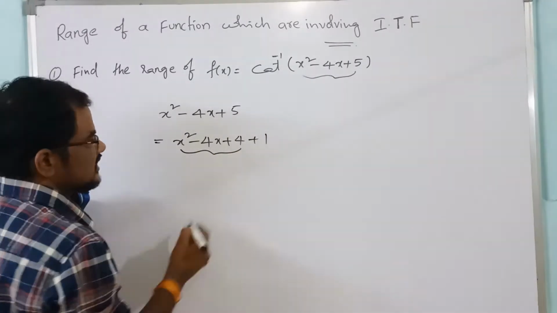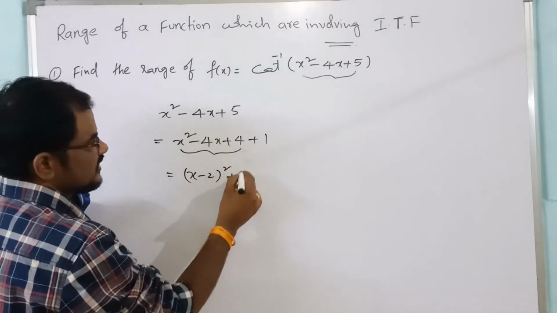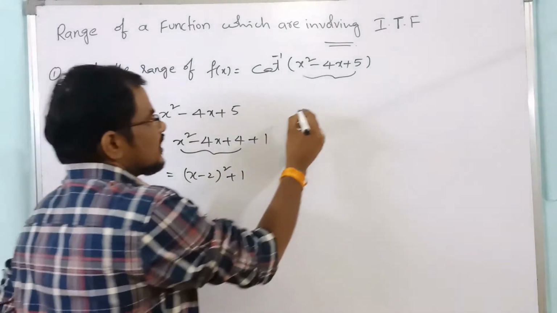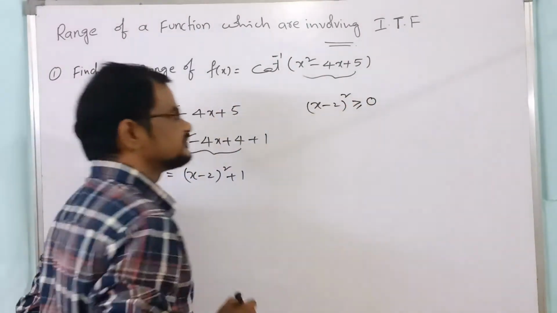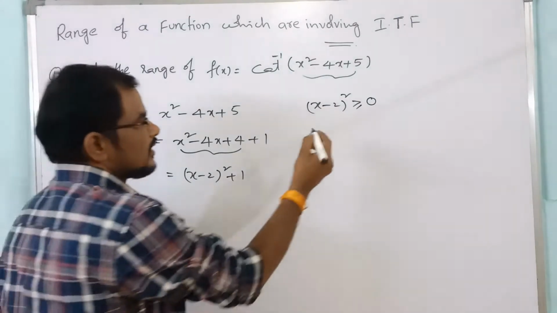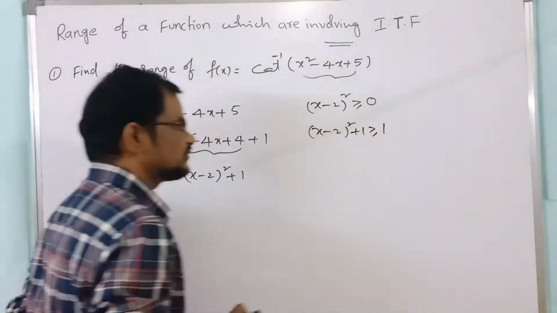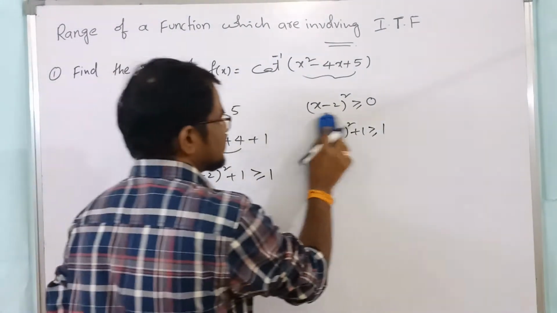Now these three terms can be written as x minus 2 whole square plus 1. Now x minus 2 whole square is greater than or equal to 0, so x minus 2 whole square plus 1 is greater than or equal to 1.